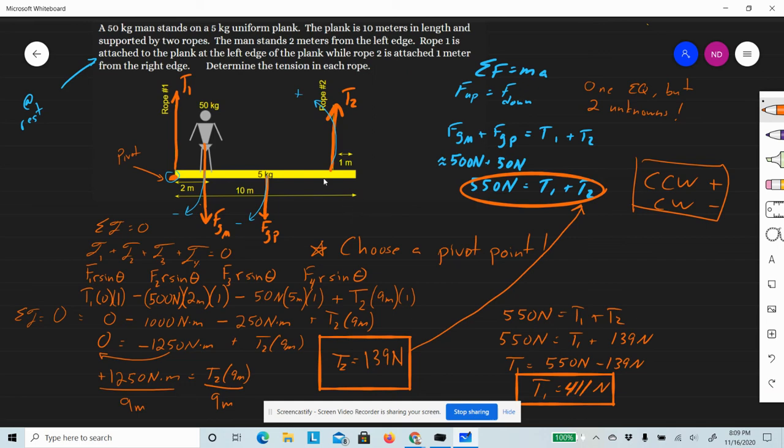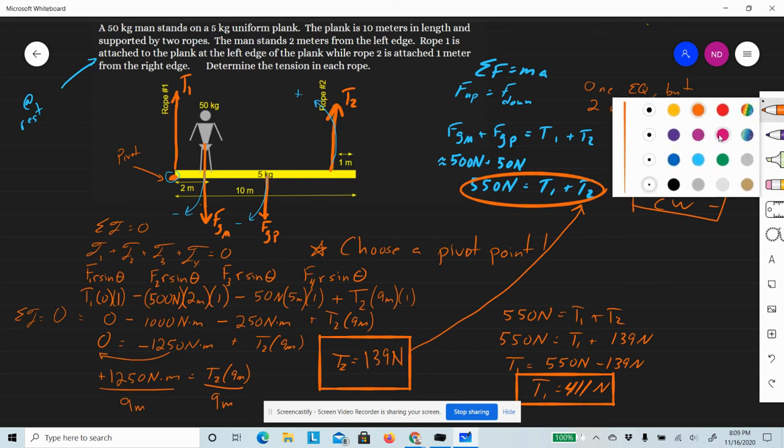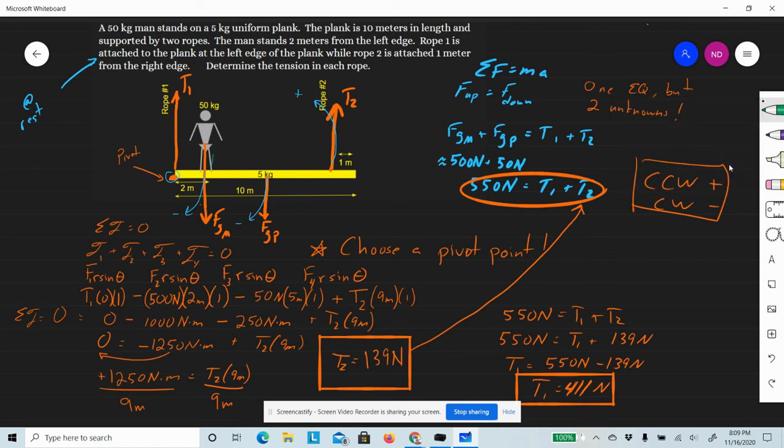One other thing that you should know about, there is a normal force. It exists, right? There definitely would be a normal force between the man and the board. You would think there would be a normal force there. But because it's sort of internal and not acting on the system, it doesn't produce any torque.